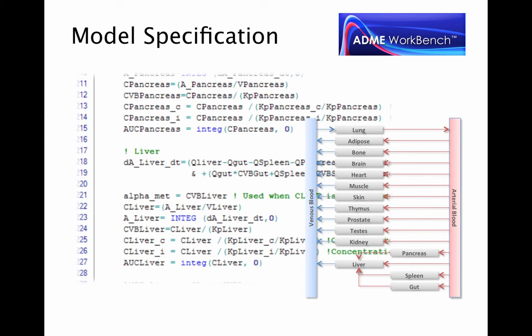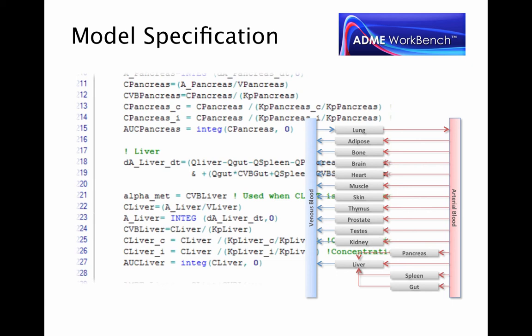Source code for the models used in ADME WorkBench is contained in the Models folder under the ADME WorkBench installation directory. One subfolder named PK under this directory contains the CSL source code for the compartmental PK model used to estimate PK parameters from in vivo data.